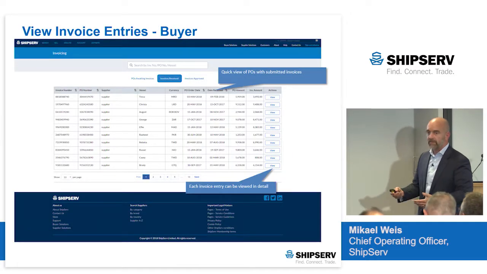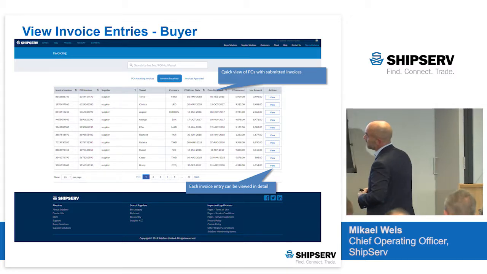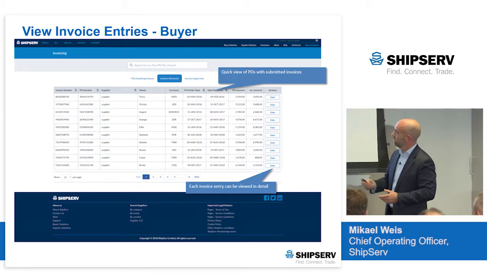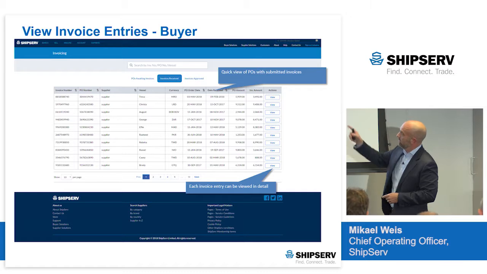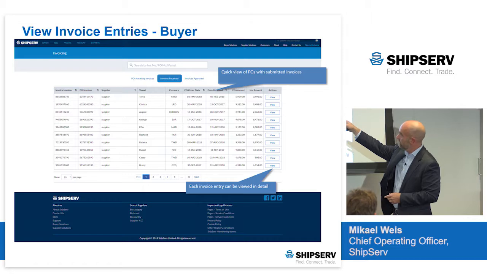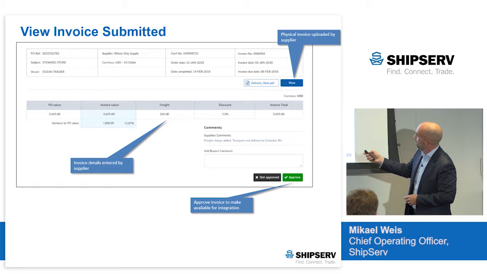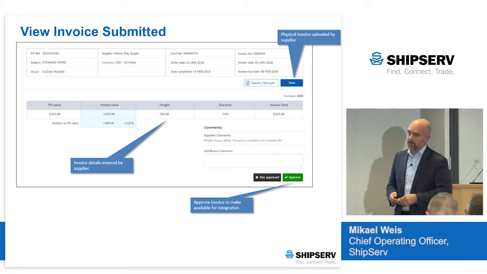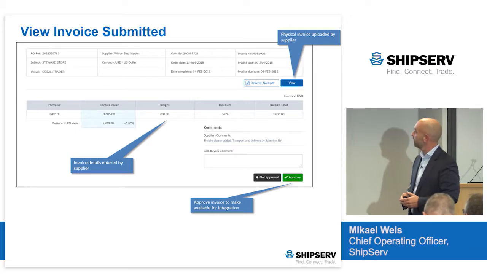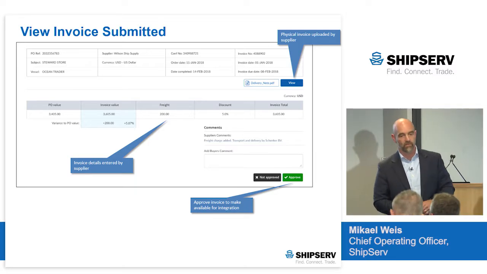So the buyer will have a dashboard very similar to the supplier, with the invoice number to the left, the PO number, what supplier it is, and the overview on the top that the POs which have not received invoices, this screen is where invoices have been received, etc. They will be able to open the system and get into the more detailed level of the invoice with the original PO value, the invoiced value, whether there's a freight cost.